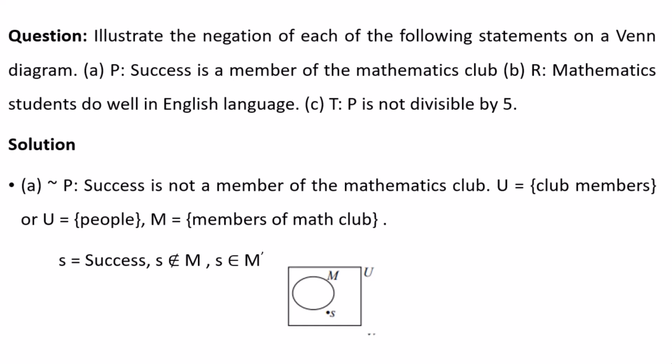The question says negate each of the following statements. So if success is a member of the maths club, the negation is: success is not a member of the maths club. Then success will not be in the mathematics club, or the mathematics circle.